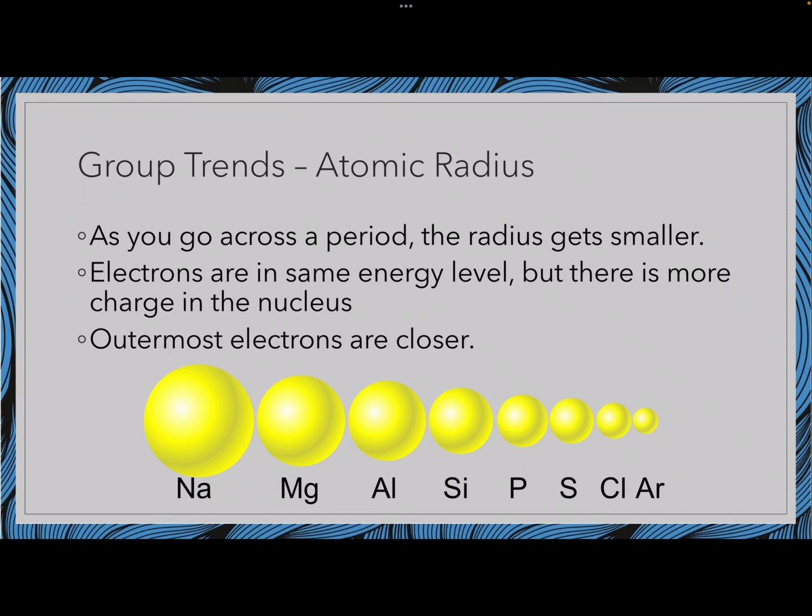Now this isn't exactly to scale, but it gives you a sense of what happens. Sodium, out of all of them, even though it has the least amount of protons and neutrons and electrons, is actually the biggest out of that period because we're only adding electrons into the valence shell. So the valence shell is not getting bigger, it's actually getting smaller because as more electrons are added, it's getting pulled in. Those electrostatic effects are pulling it in tighter.